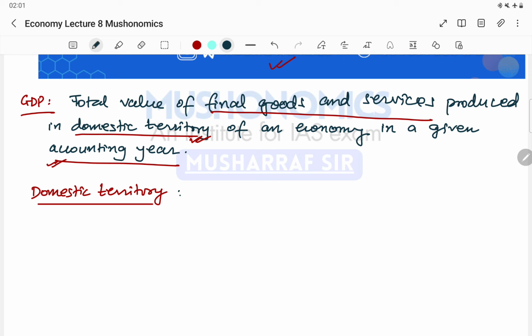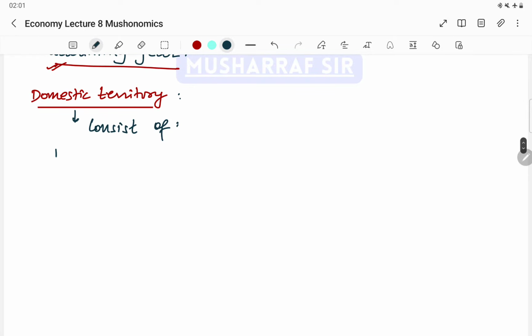Let's see what exactly it is. Domestic territory consists of, number one, land and sea boundary. Sea boundary up to 12 nautical miles.